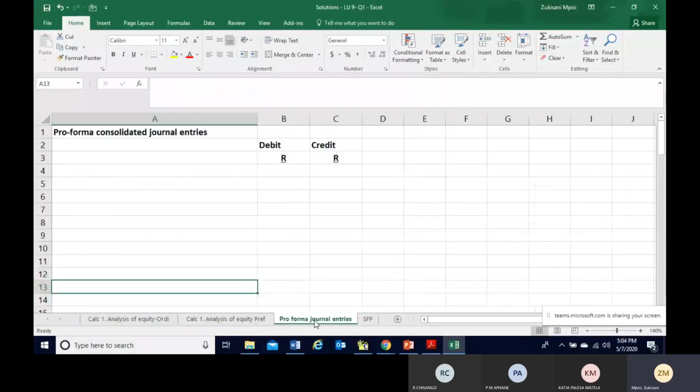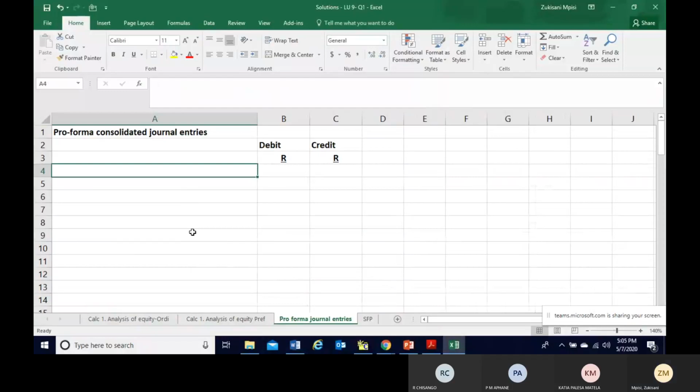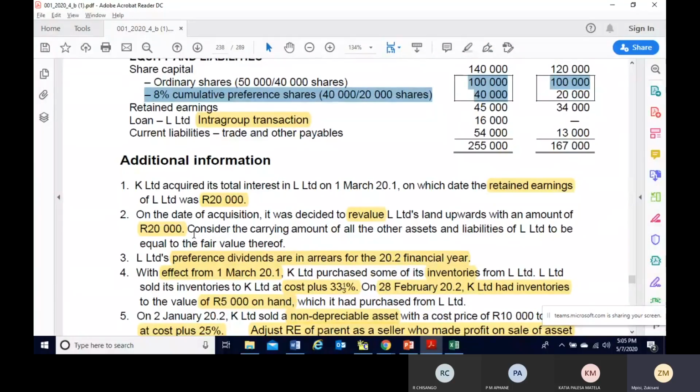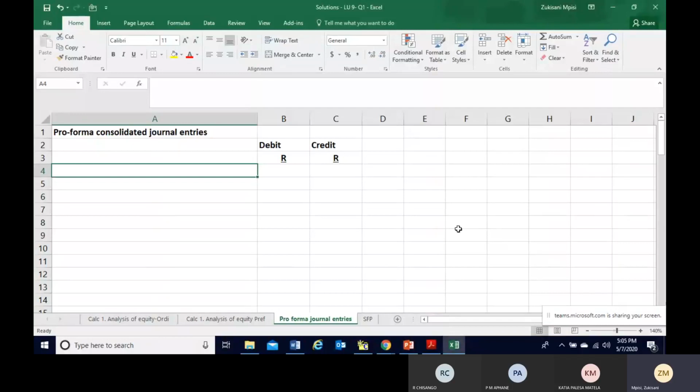So let us see how we would have done our pro forma journal entries. The first pro forma journal entry that we would have performed is to adjust what would have happened before acquisition. Which means, in the books of LLTD, the subsidiary, what would have happened.